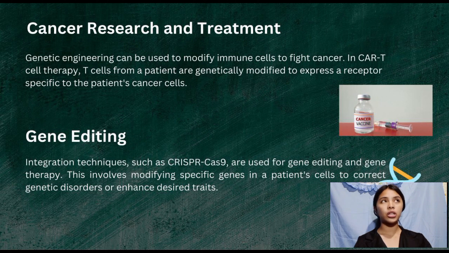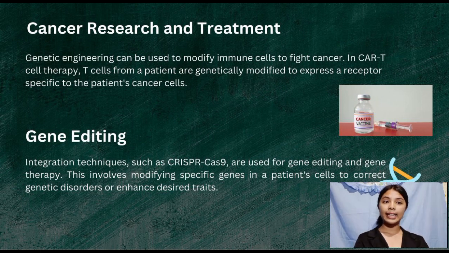Based on our previous learning, not all cancer cells can be detected by our immune system. Therefore, cancer research and treatment devised a way for the immunoglobulins, or our antibodies, to detect those cancer cells that are hard to detect.